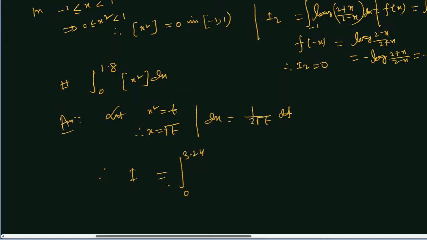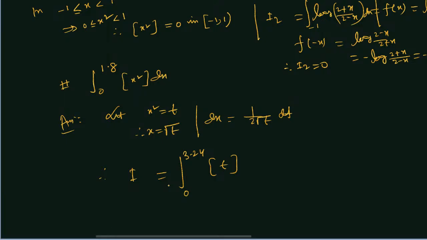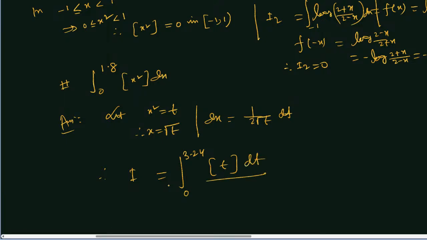Then this will be changed to modulo t, dt by 2 root t. Please take care of this part. Hope you have understood. Okay. You have understood this part, modulo t by 2 root t.